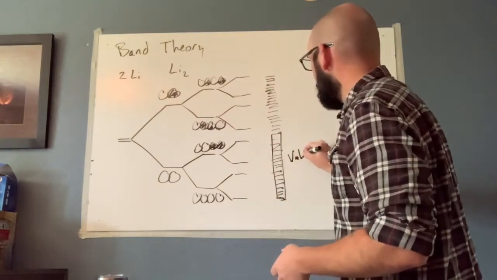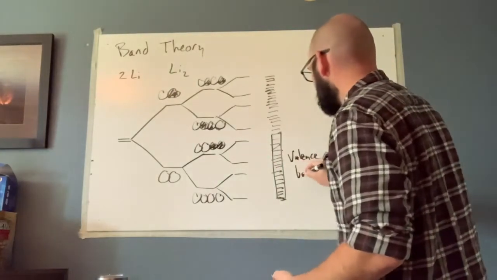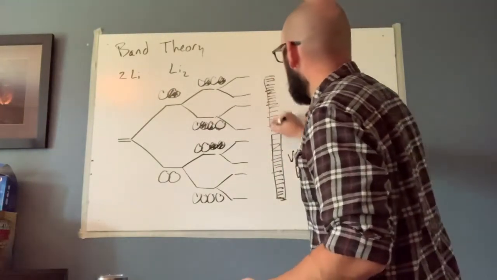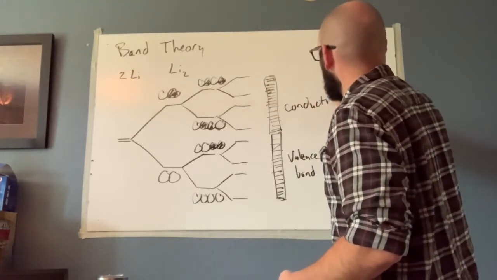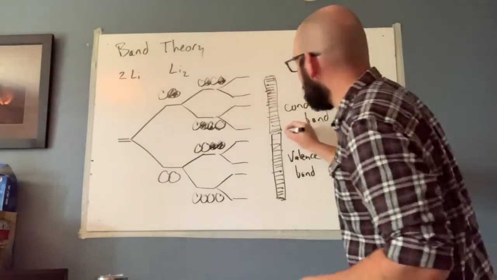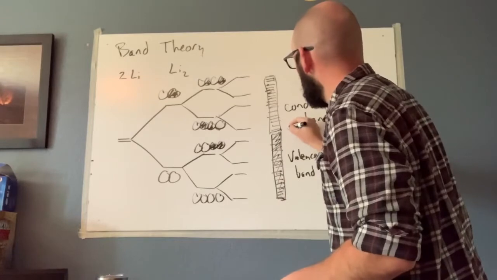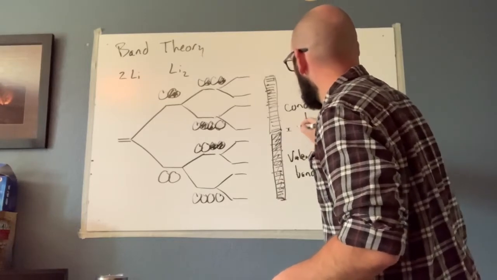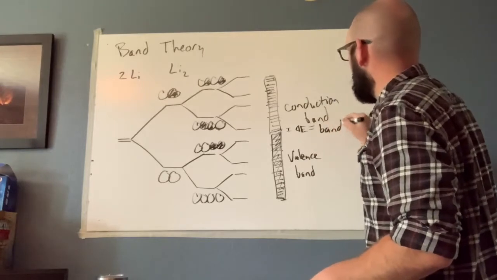So we'll have the valence band. These are our filled orbitals, the bonding orbitals. And then we have our conduction band. The difference in energy between these two bands, I'll call this delta E, is equal to the band gap.